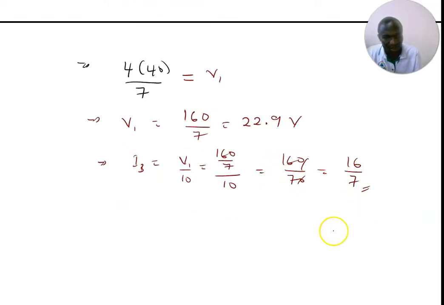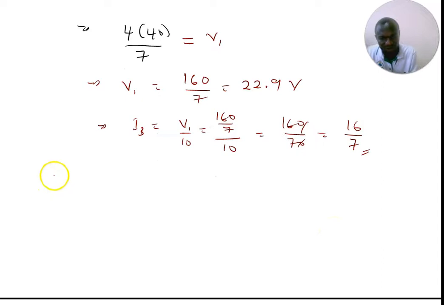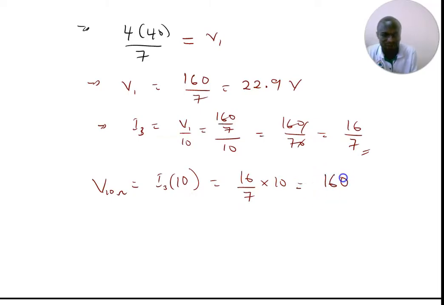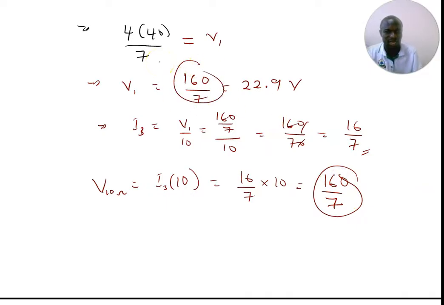I3. But how do I find the voltage there? V10 ohms. What do I do? I just need to multiply the I3 by the resistance there, which is 10 ohms. And that one gives 16 on 7 times 10. And this ends up becoming the same 160 on 7, which is over here. Okay.